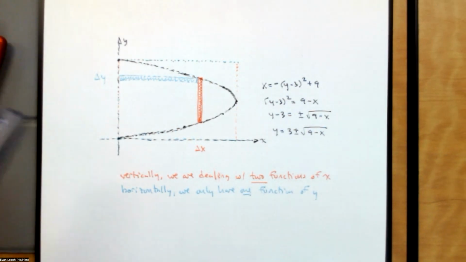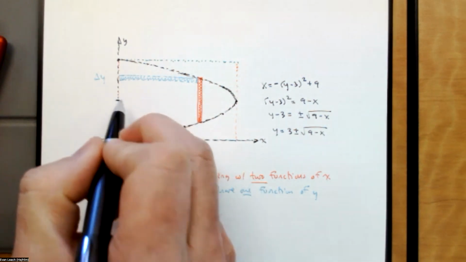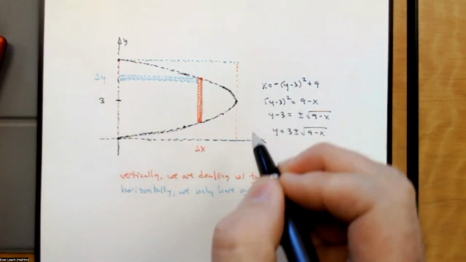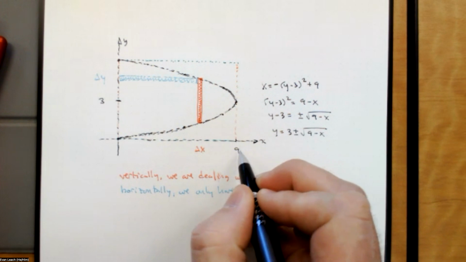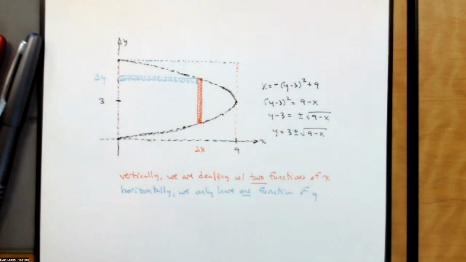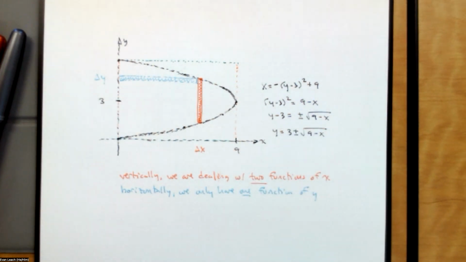When we're dealing with parabolas, we really care about where that vertex is, and that vertex is at 3, 9. In this case, vertically, we've got 3 in the middle, and we plus the square root and minus the square root. Plus is the part above y equals 3, minus is the part below y equals 3.